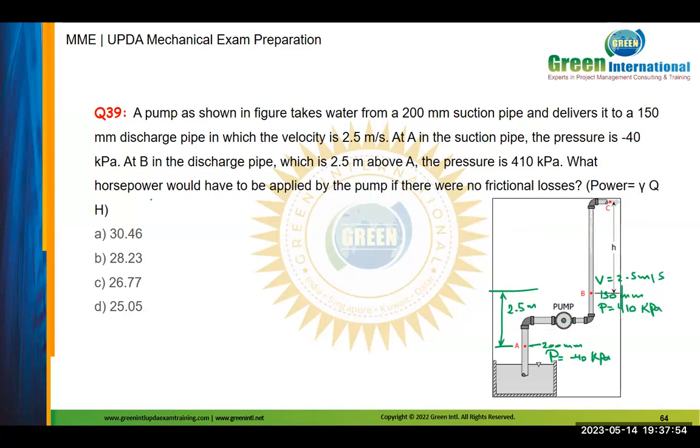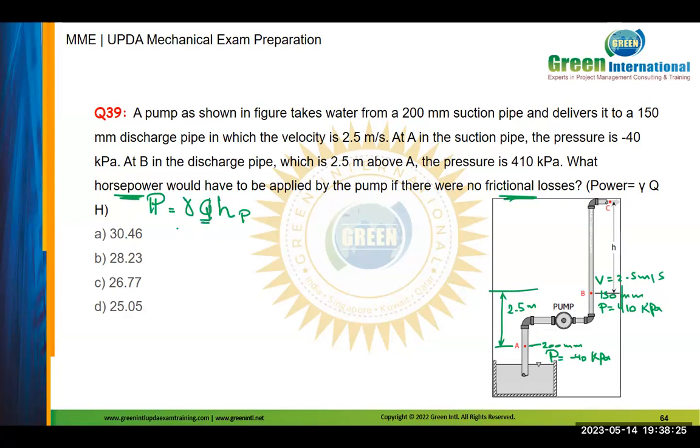What horsepower would have to be applied by the pump if there were no friction losses? No losses here, he mentioned. You need the horsepower required. To get the horsepower, which is the power of the pump, it is equal to gamma Q H, where H is the head of pump, HP, which can be calculated from the energy equation.